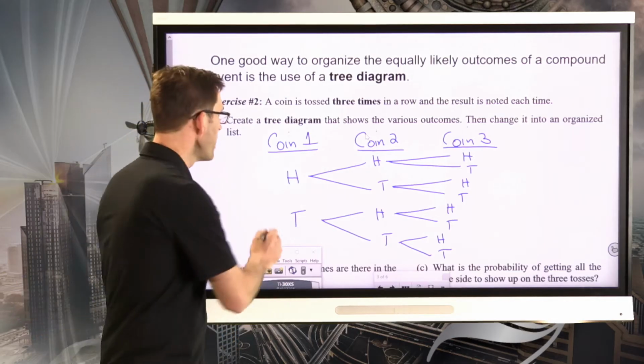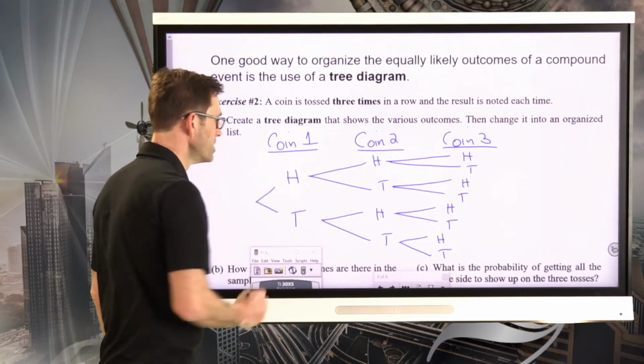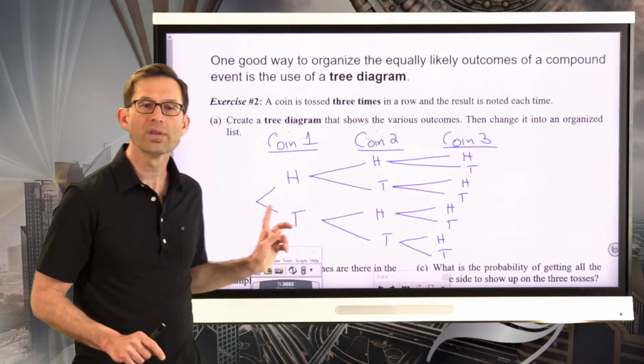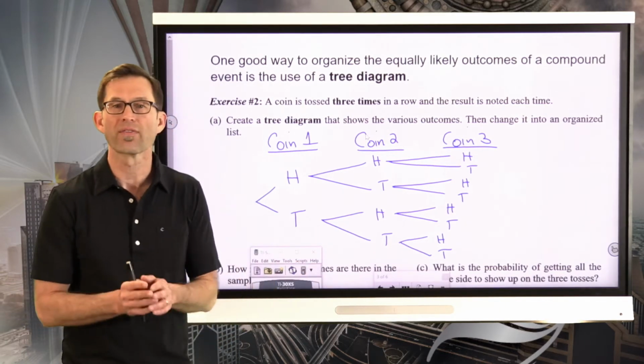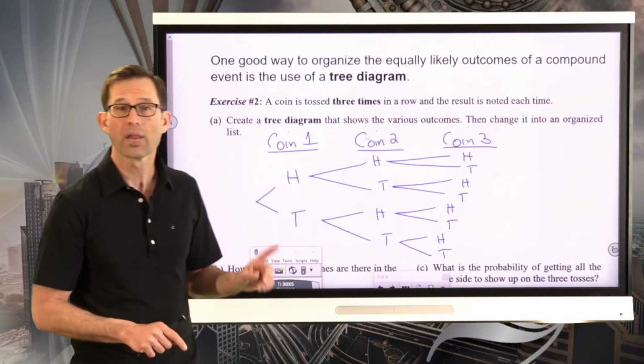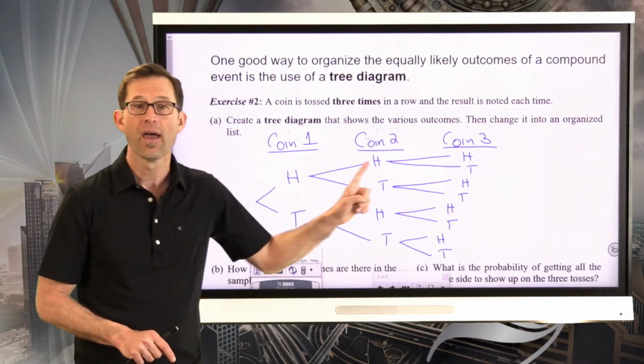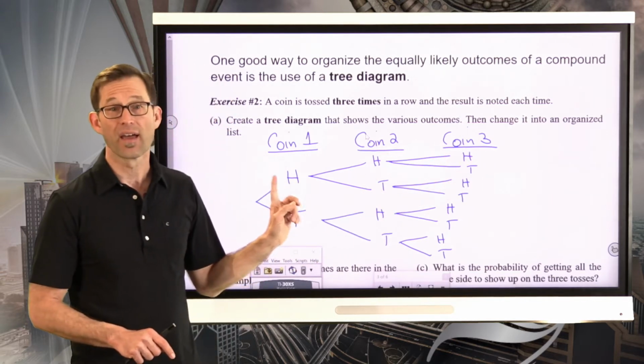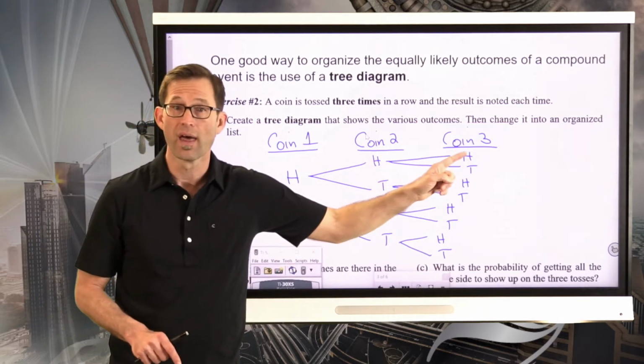Sometimes teachers will then connect these, but there's really no reason to. The reason we might connect them is to make it look more like the branches of a tree, and you can really trace the things that are happening. For instance, if I go like this, head, head, head, that means I got a head on coin 1, a head on coin 2, and a head on coin 3.